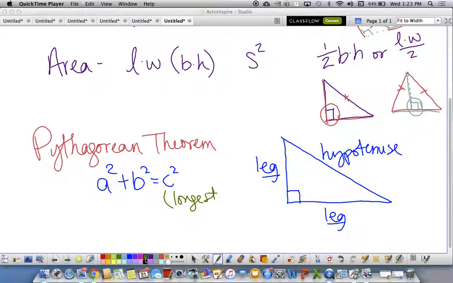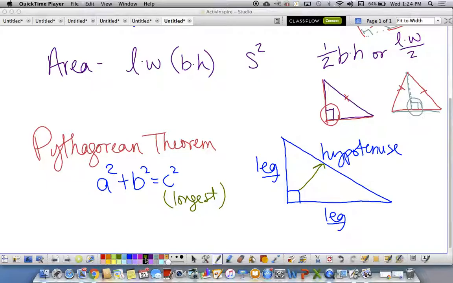Always. One more thing. It's always across from the right angle. And it's always by itself on the side with the equal sign. So the longest side has to be by itself.